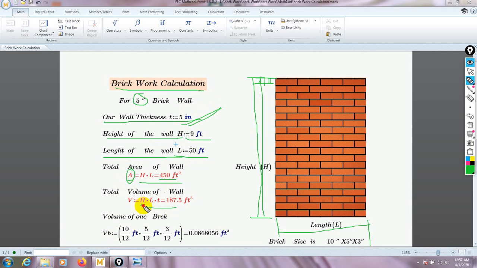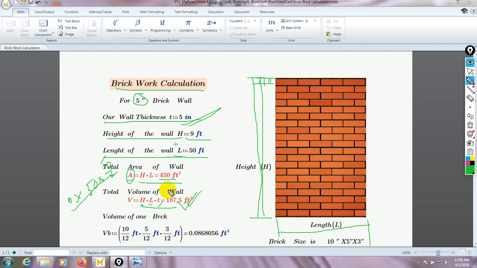Here H and L are in feet, and T is in inch. So our line will be: 9 feet into 50 feet into 5 divided by 12.